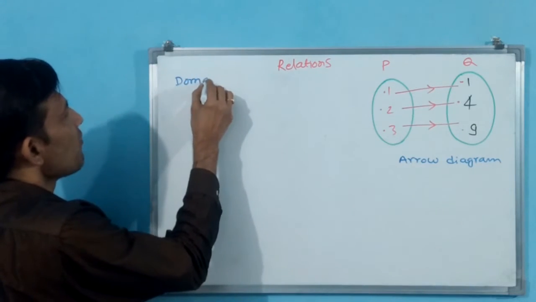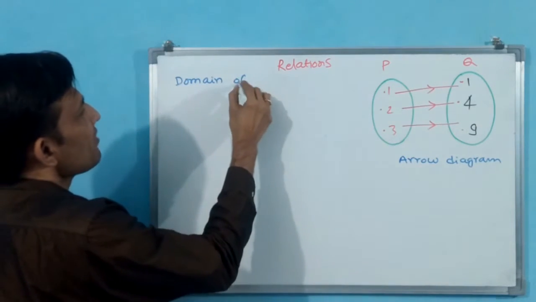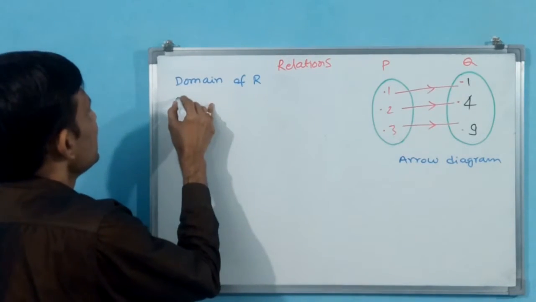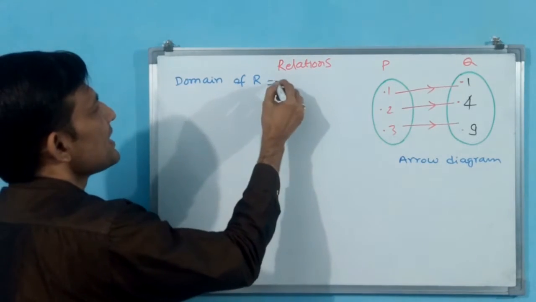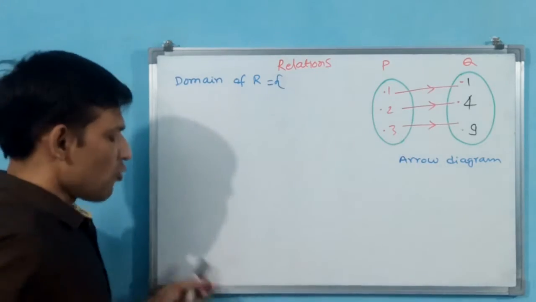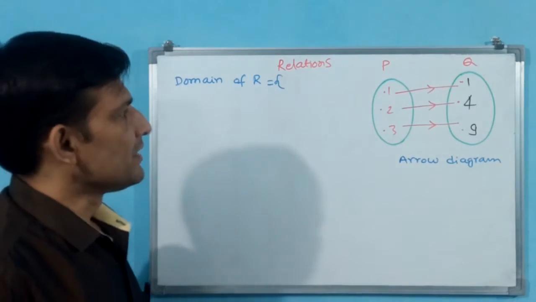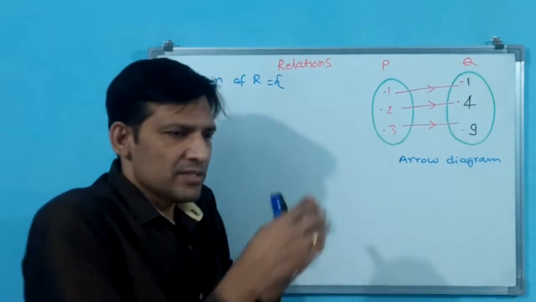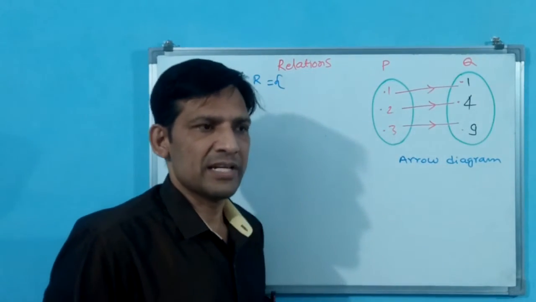Domain will come: domain of R, relation R. Let us understand each one by one. Domain of R, when a relation is there. Relation means, see, a single set cannot make any relation.